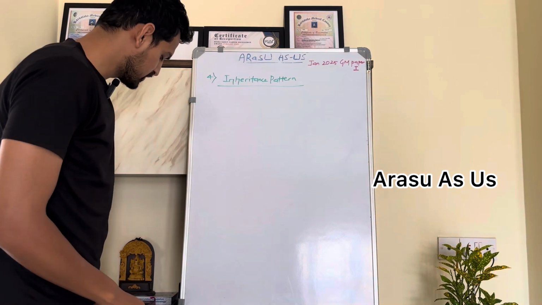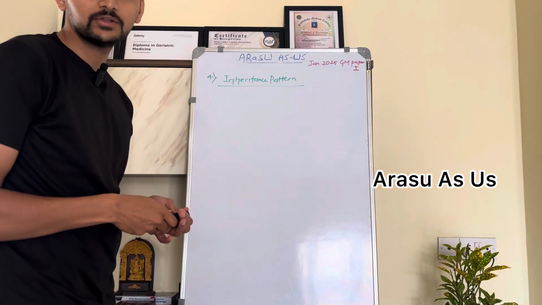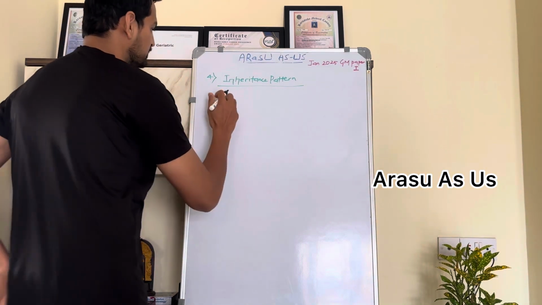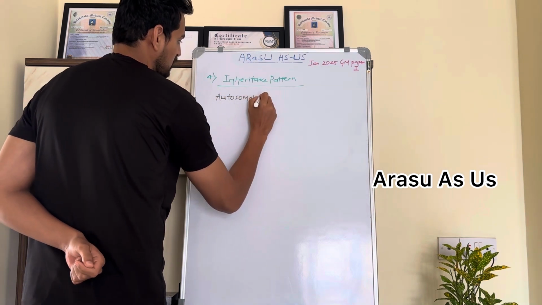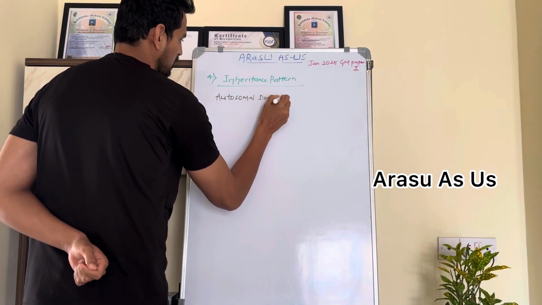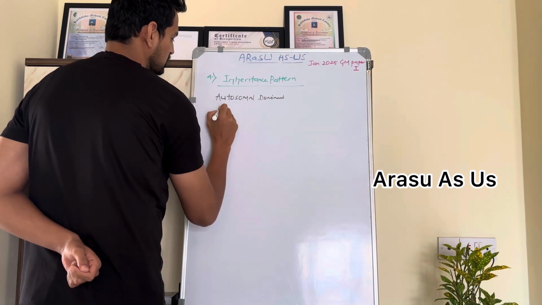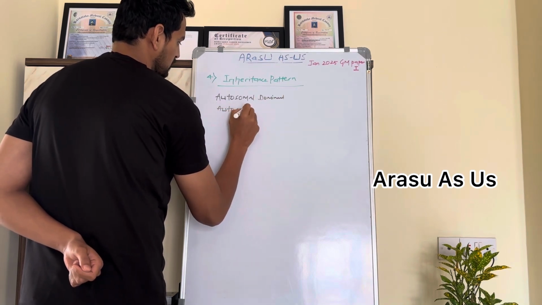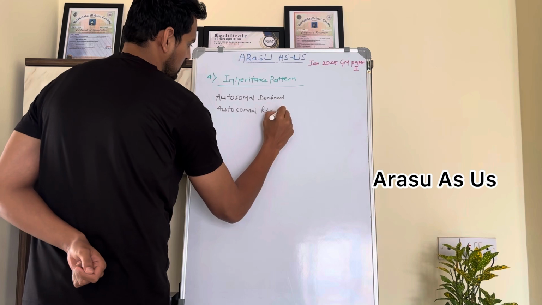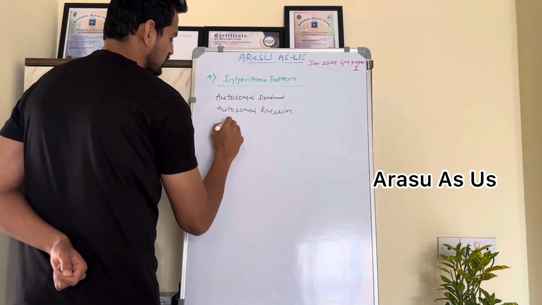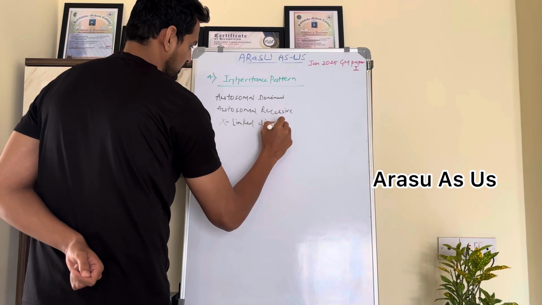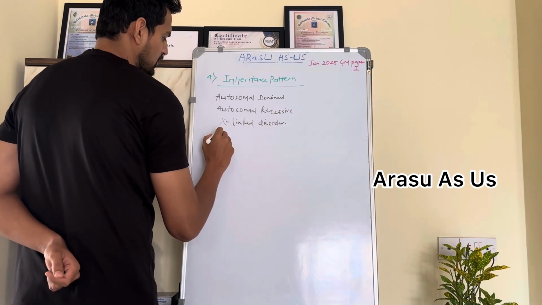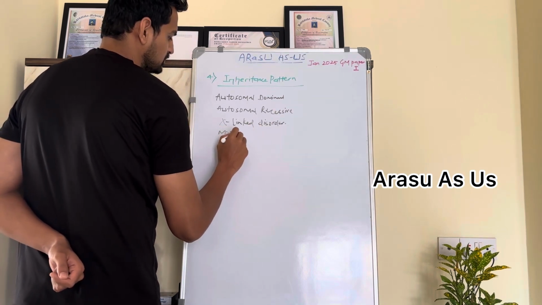To deal with this question, we will divide it into, as you all know, mainly autosomal dominant, autosomal recessive, X-linked disorders, and even mitochondrial inheritance.